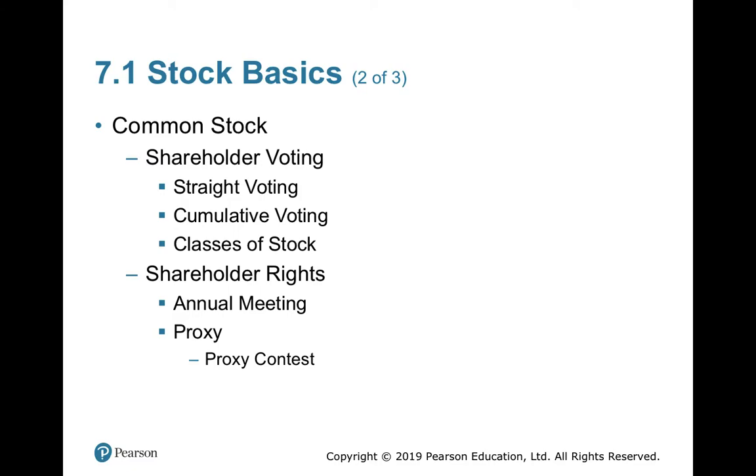Similar example, if we take Google, you will find class A stock, class B stock, and later on in 2014, class C has been added. Class A stock is held by the general public. It is sold to the general public. Class B stock is held by founders and managers.